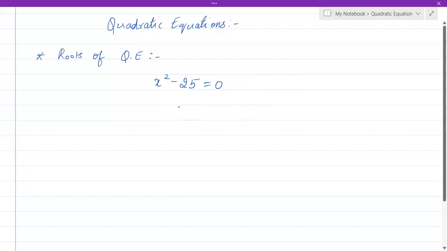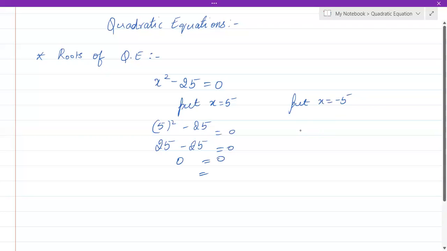That is, if we put x as 5, if you observe, 5 square minus 25, what is 5 square? 25 minus 25, 0. So my LHS and RHS both are the same, right? It is satisfying. Similarly, let's put x as minus 5 in place of x. So minus 5 the whole square minus 25.